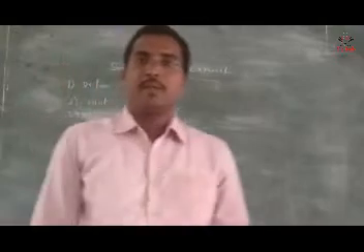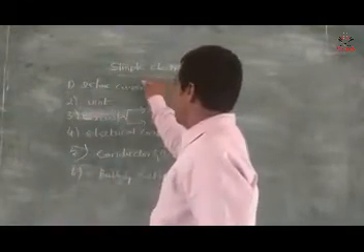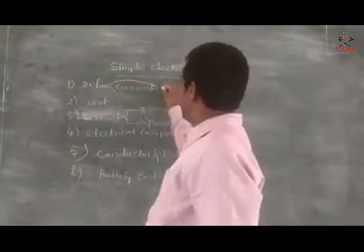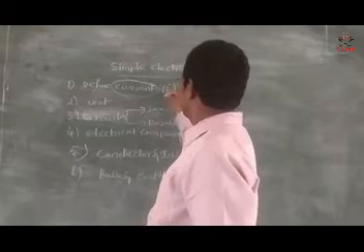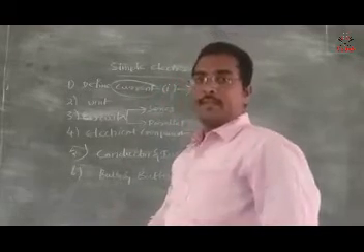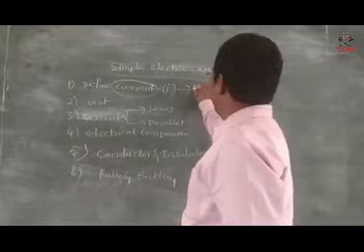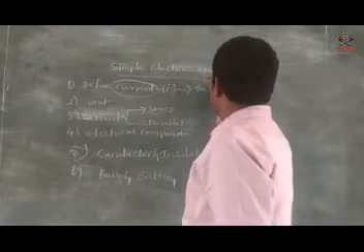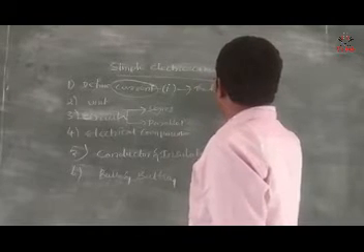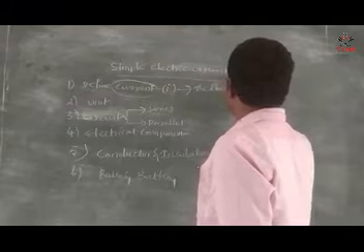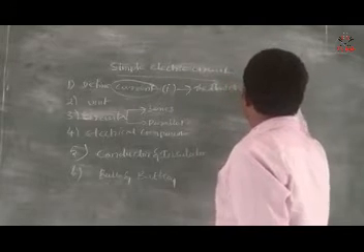Coming to the definition of the current. The symbol of current is I. Current is nothing but the flow of charge in the conductor.